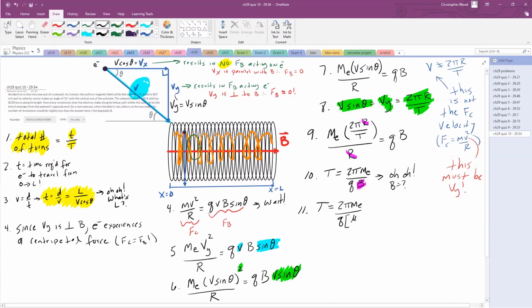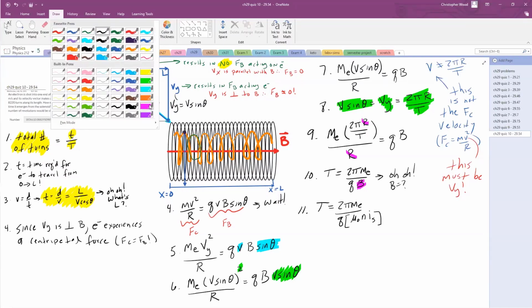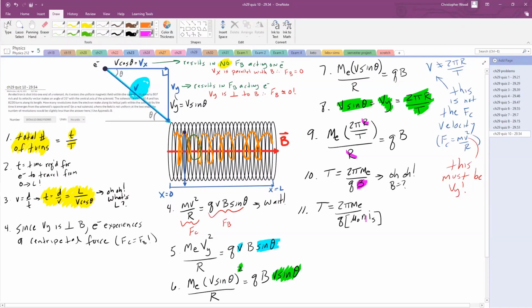It is mu naught little n times the current going through the solenoid wire. This was derived using Ampere's law in your green sheets ad nauseum, and that's why I'm making this substitution. So this B right here is substituted with the magnetic field inside of a solenoid. So that's the substitution. So let me update. So now am I done with big T? So now I'm going to write down, so another, what's N?